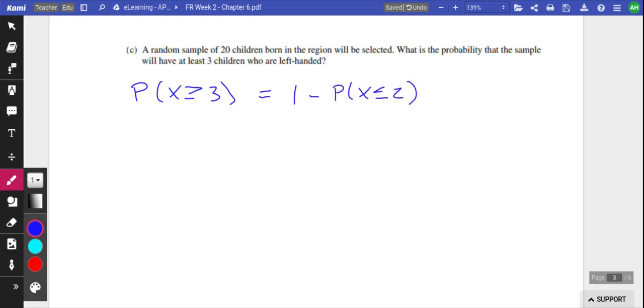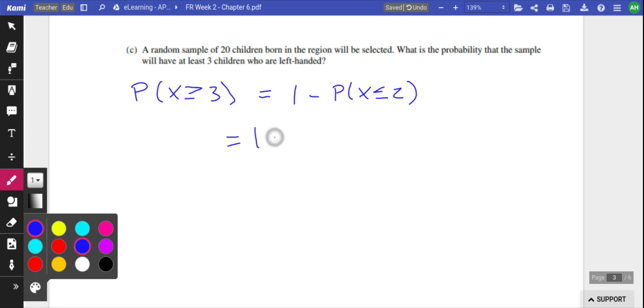So your question is, do you want to find the probabilities of 3, 4, 5, all the way up to 20 children, add them all up, or do we want to find the probabilities of having 0 children being left-handed, 1 child being left-handed, etc.? So for that, what you're going to end up doing is this. So we got 1 minus, remember, 20 choose 0.